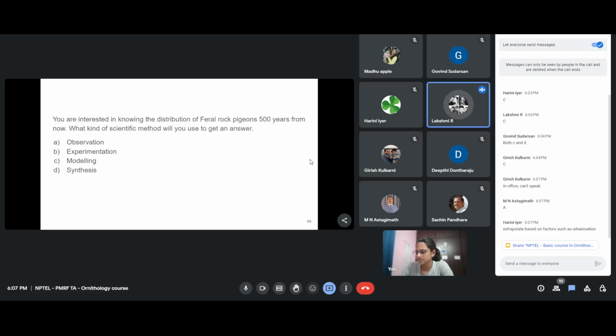So nobody can even guess how the environment will be or how the climate will change in half a millennia. So you can only propose a model based on the current situation, and extrapolate the rate at which global warming is happening, the rate at which the city is growing and expanding into the forest areas, and all this stuff.